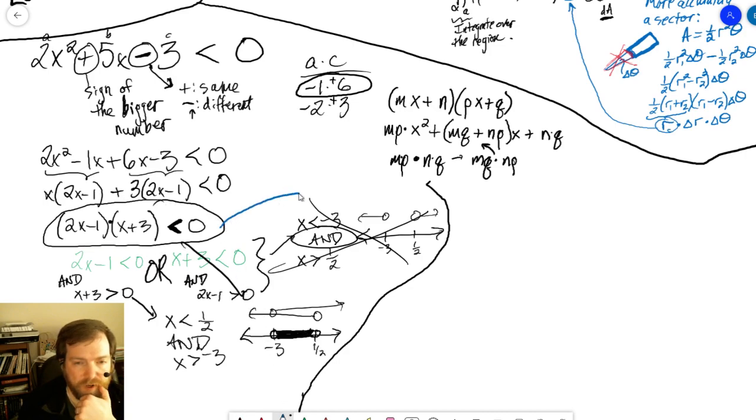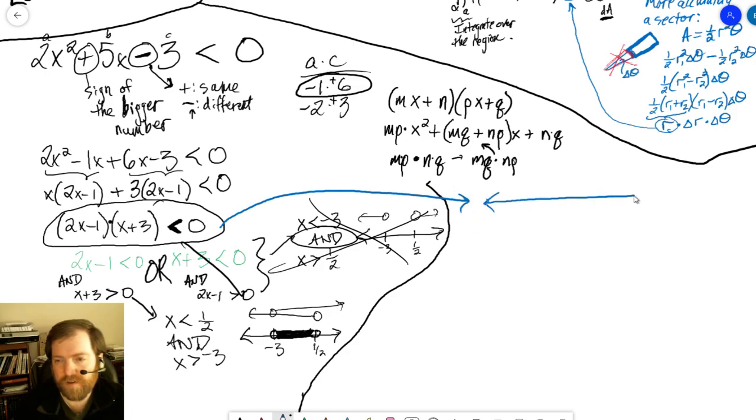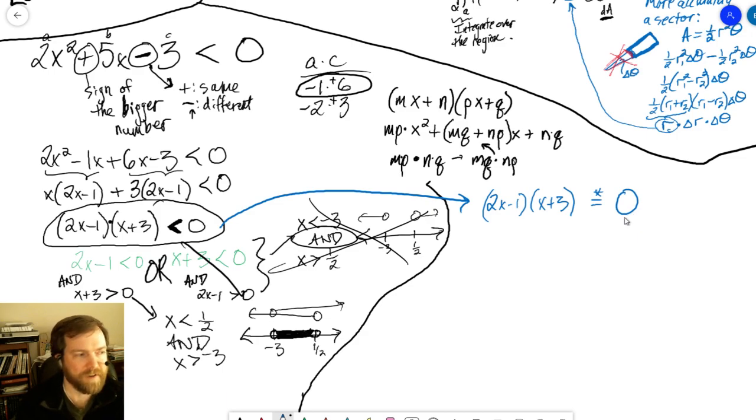I'm going to recommend that everybody I meet go about this with test values in mind. So what we're going to do here is say that 2x minus 1 times x plus 3 is equal to 0. So what I'm doing here is saying that this isn't really equal.